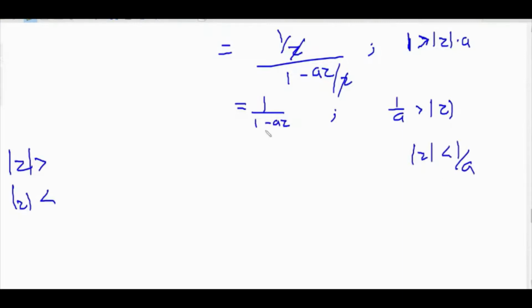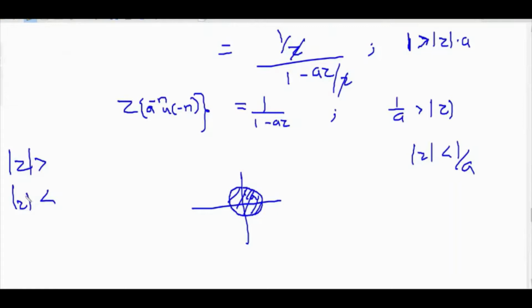The answer is 1 upon 1 minus az, and ROC is magnitude z less than 1 by a. So you should draw one circle having radius 1 by a, and ROC is less means it is the inside portion of the circle. Remember that ROC we express like magnitude z greater or magnitude z less.